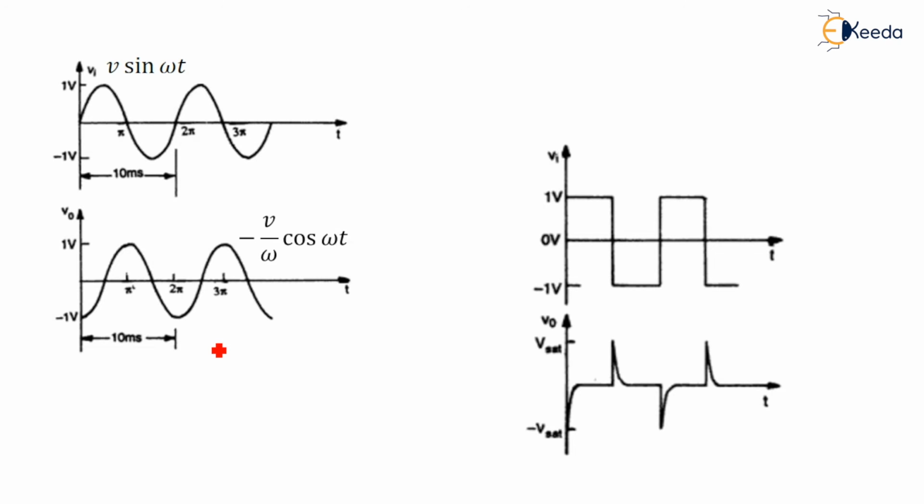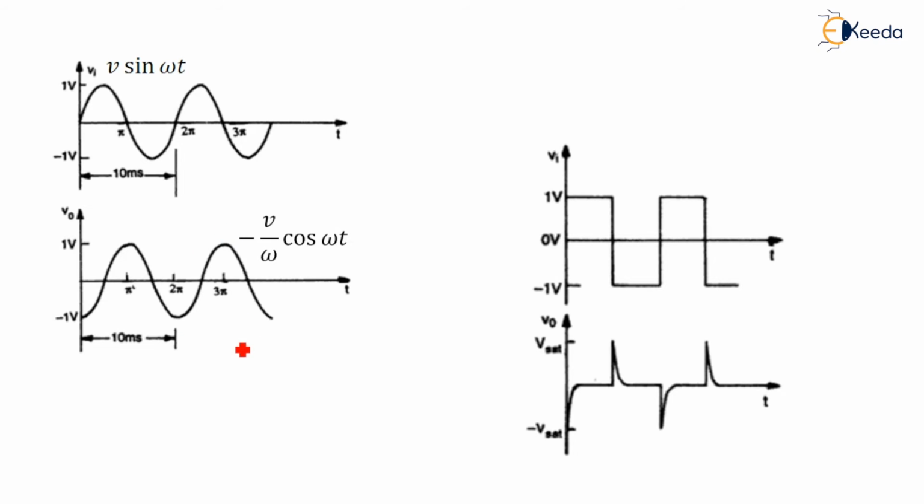If I give a square wave, which is actually made up of many step signals, we extend the same principle as we use for step input. We will get spikes corresponding to the rising and falling edges.